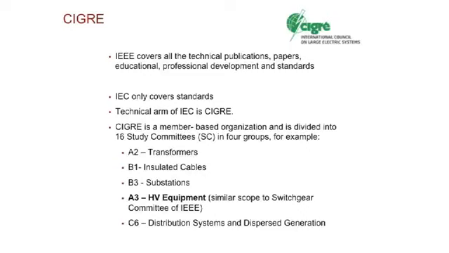And again, unfortunately, it's not exactly a one-to-one comparison with what IEEE does, because in addition to the switchgear that you know from IEEE, it, for example, covers high voltage capacitors, which we don't. It's in a capacitor subcommittee in our case, in IEEE. This covers instrument transformers, which in our case are in the transformer committee. So it is 80% compatible, but not 100%. So it makes life difficult for everybody, but that's what it is.